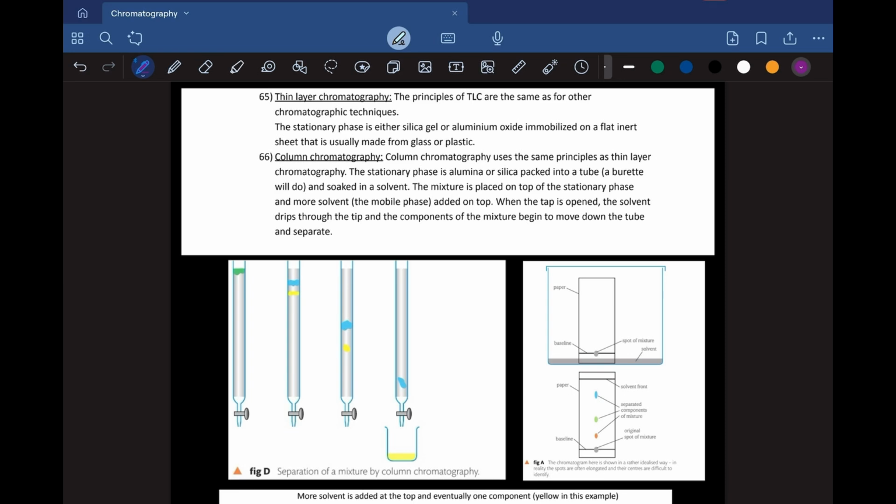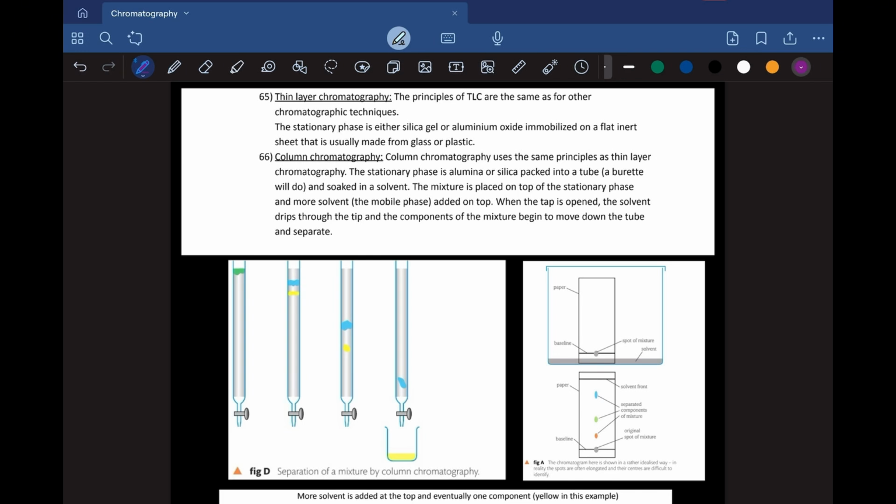Now, the thin layer chromatography is exactly the same as paper chromatography. But in paper chromatography, we used to use a paper, right? But in thin layer chromatography, we will be using a glass or a plastic. In paper chromatography, we used a paper on which the spots were given, and then the solvent was moving up as well as the components of the spots were also moving up, right?